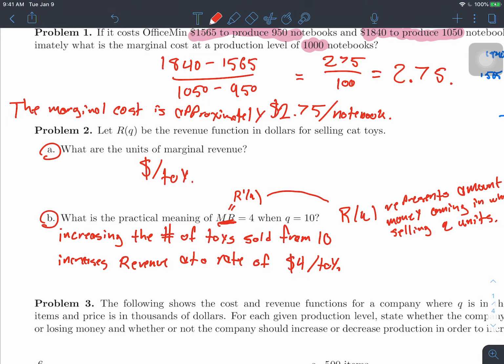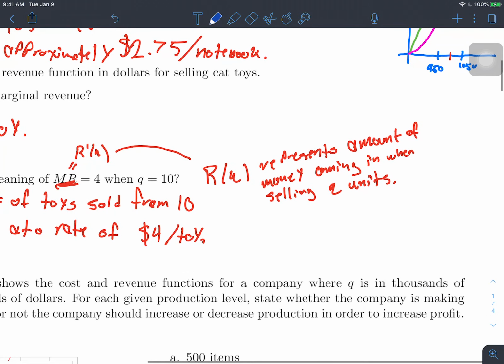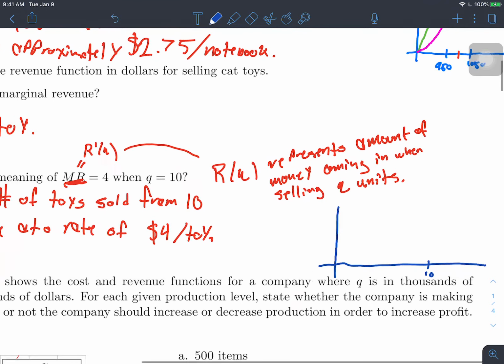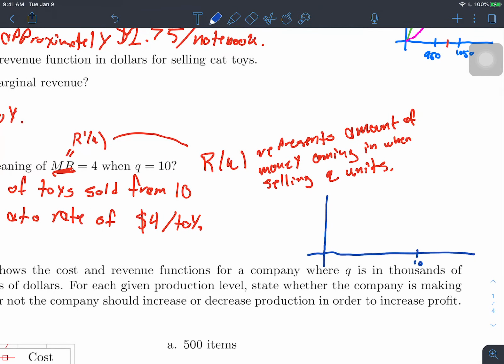Okay, so getting a little bit complicated on this interpretation here. Let's have a graph to see what's really going on here. If I were to draw my revenue function, here's 10. Maybe it looks something like this.